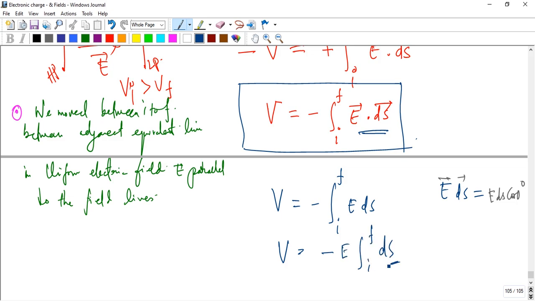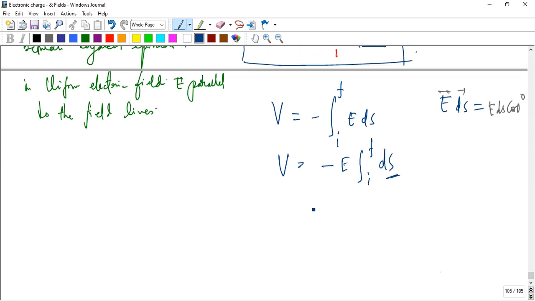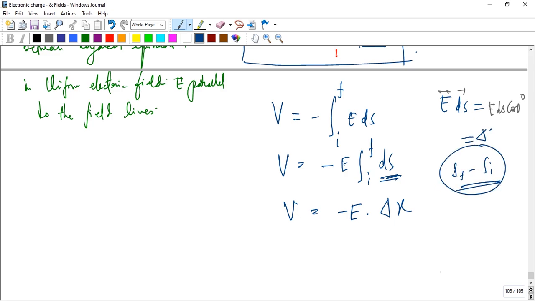The integration of ds is S. So V equals minus E times the displacement between the two surfaces, S final minus S initial, so the difference is delta x.